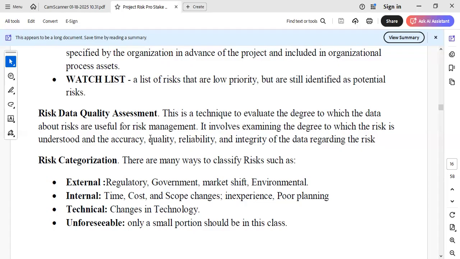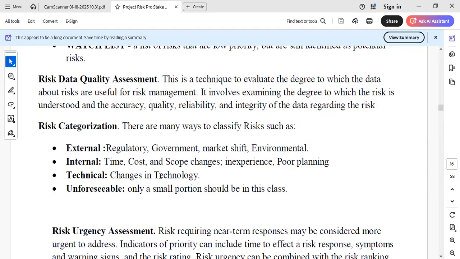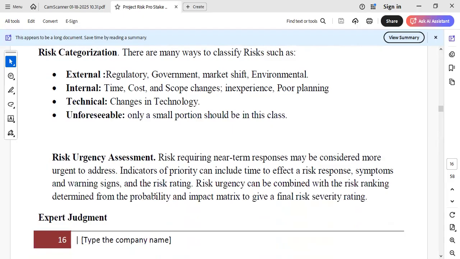So risk categorization can be, like I said, functional, it can be internal, also external, it may be technical. You just categorize them. When it's external, now you're dealing with the government, maybe the market, or maybe environmental challenges. We've talked about risk urgencies.